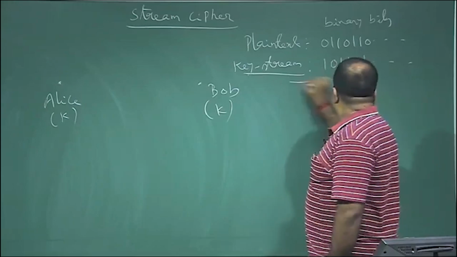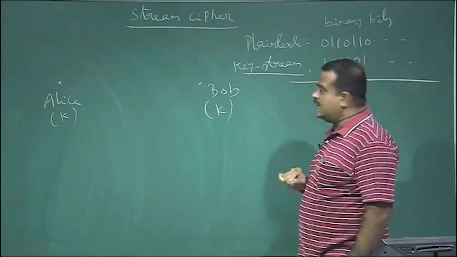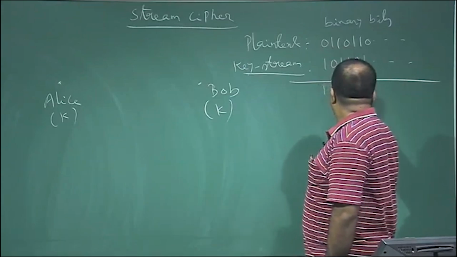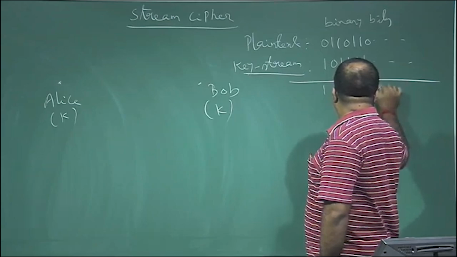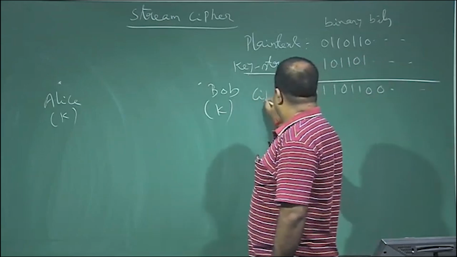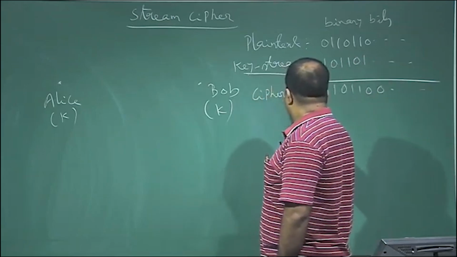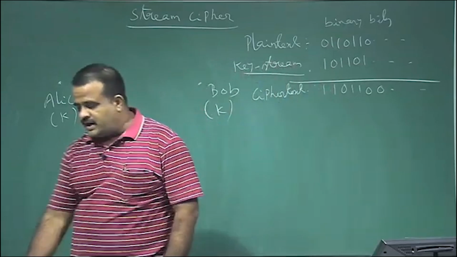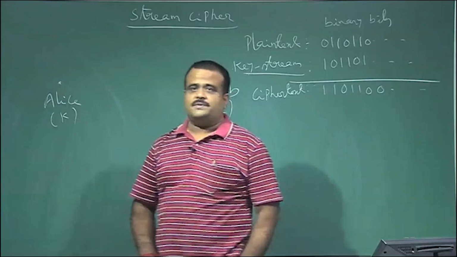So these are key stream bits, and we do the bitwise XOR with the plain text bits, and this is the ciphertext. Okay, so this is a typical stream cipher.